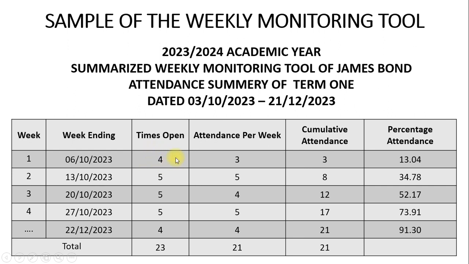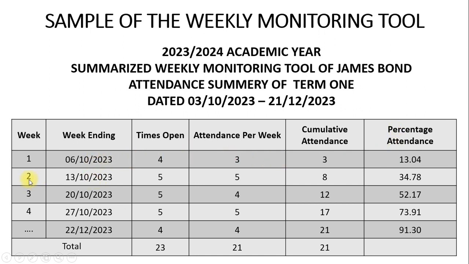I missed one day, so I came only 3 days. Then my cumulative attendance will be 3. For percentage, we will calculate it based upon the formula.